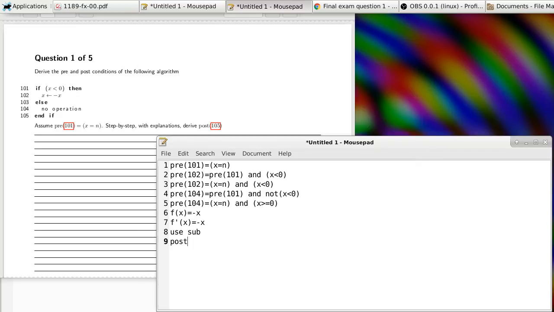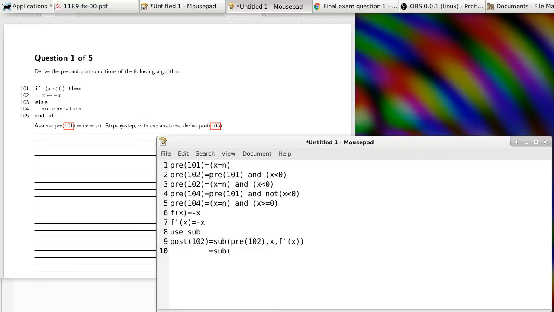So this makes the post condition of line 102 equal to the result of the substitution of the precondition of line 102. And for every occurrence of the variable x, we replace it with f prime applied to x, like that. And then we just expand out all of these terms.